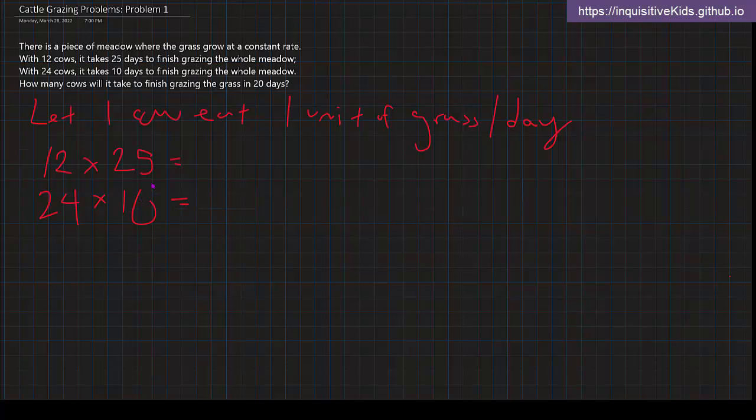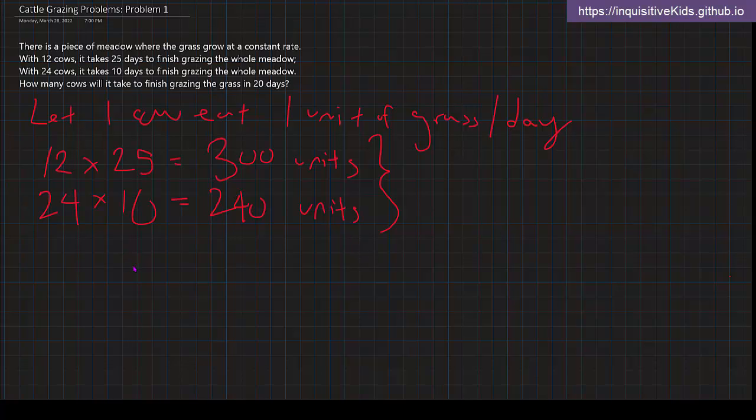So 12 times 25 equals 300, so 300 units of grass. And 24 times 10 is 240 units of grass. Because right now we're just finding the total units of grass in each of these 2 scenarios.